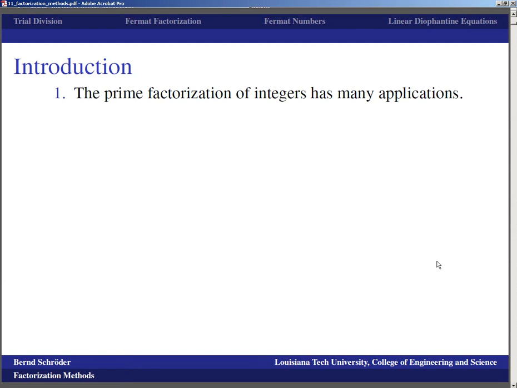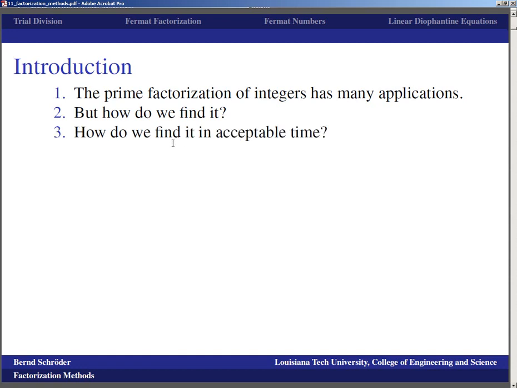We've already used it in some of the theorems we've proved in earlier presentations, but it has quite a few applications besides those theorems. But the big question is, how do we find that prime factorization, and more importantly, how do we find it in acceptable time? Because we're going to see our first stab here, our trial division approach, that will give the prime factorization. It's just going to take forever.